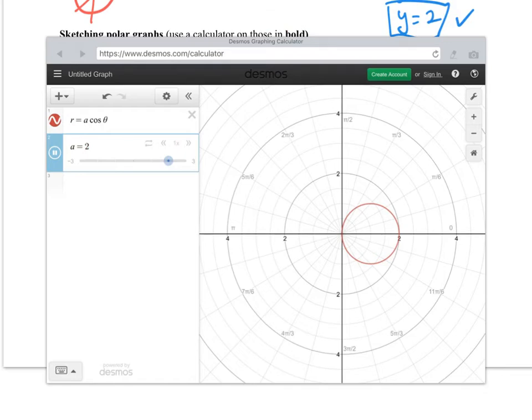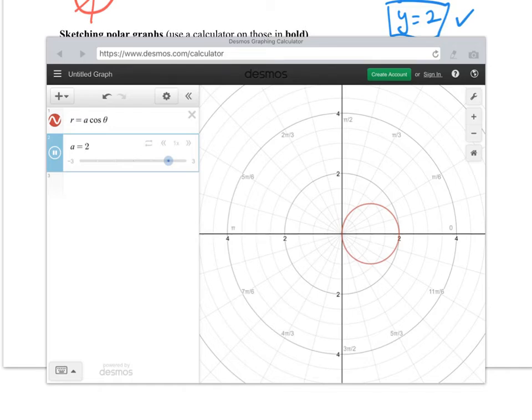So here's a nice graph representation. What I did was I put on r equals a cosine theta. And the a value is changing from negative values to positive values. So look at the graph. So right now a is positive. A is negative. Do you notice what's happening here?